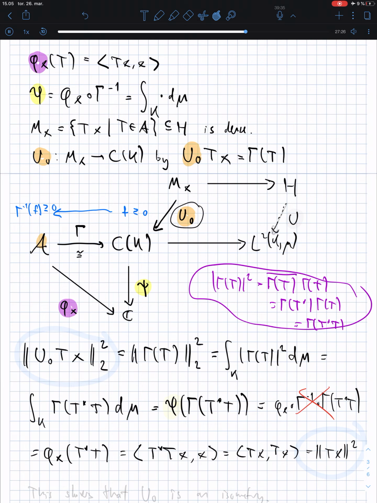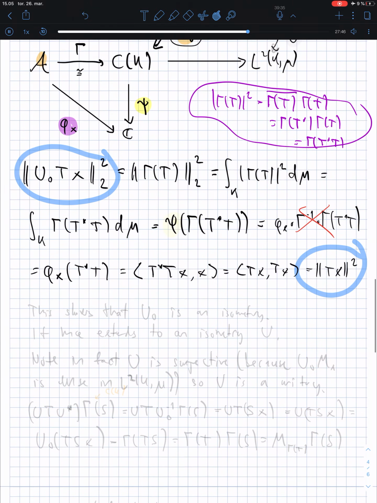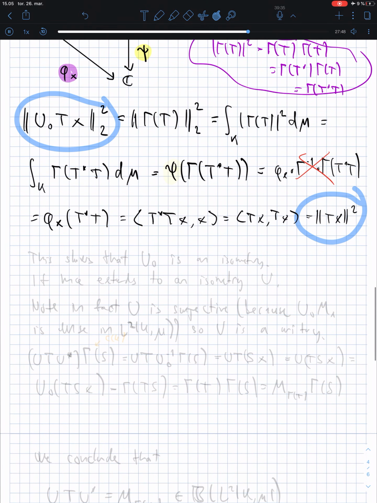Right, so reading from the beginning here to the end, you can see that u0 is in fact an isometry. It will take a vector of length Tx to a vector of length Tx as well. So what happened here is, I really just traced through the definitions.